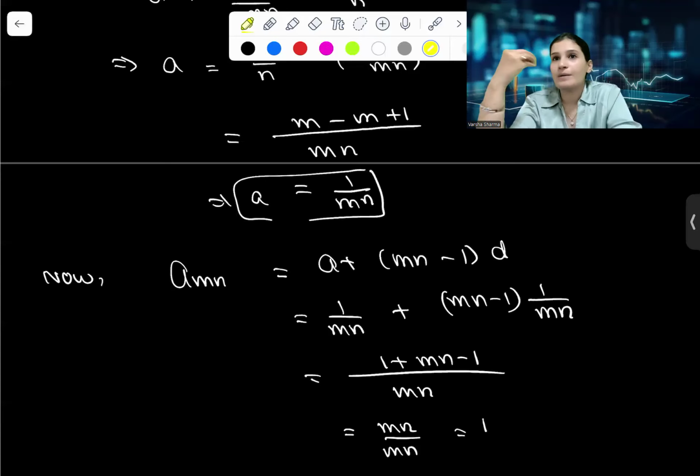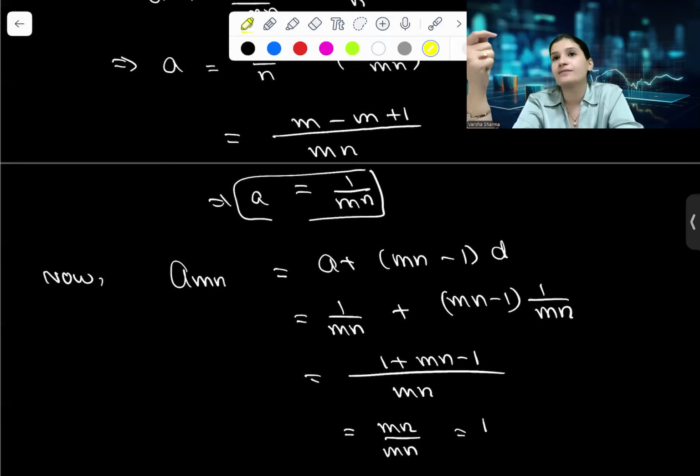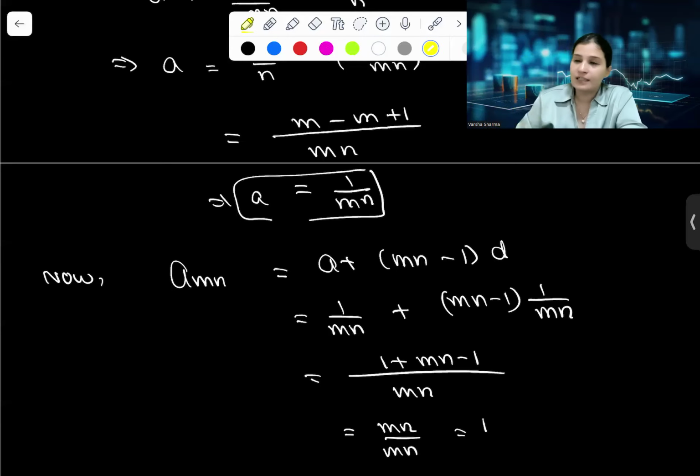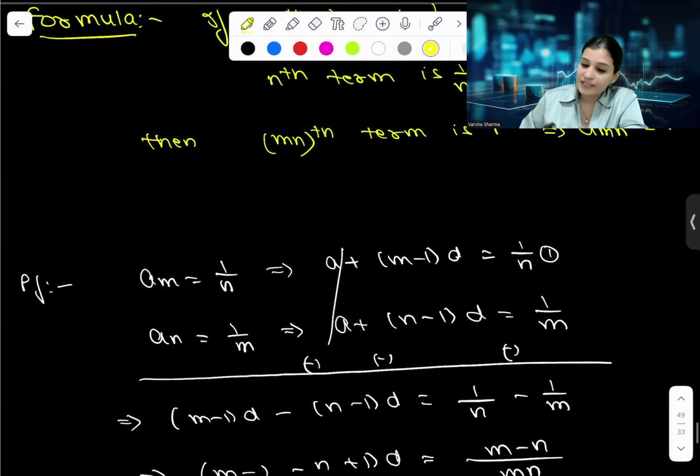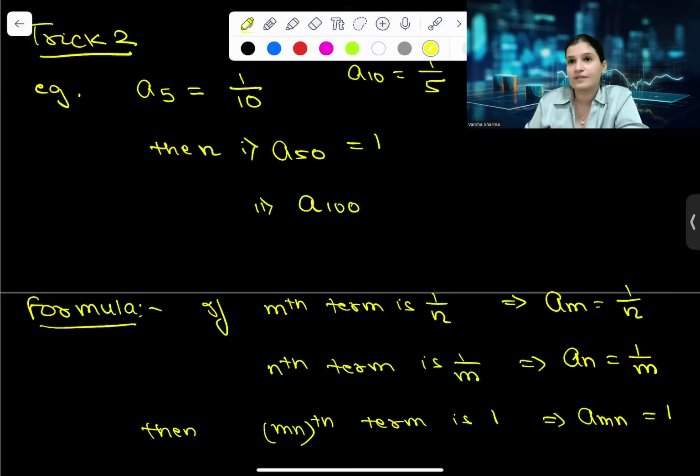So what was the trick? If the 10th term is 1 by 12 and the 12th term is 1 by 10, then the 12 into 10, 120th term will be 1. Agree? But if I would have asked you any other term, say the 100th term, then it will be 100, the term that you want, divided by the product, 50.